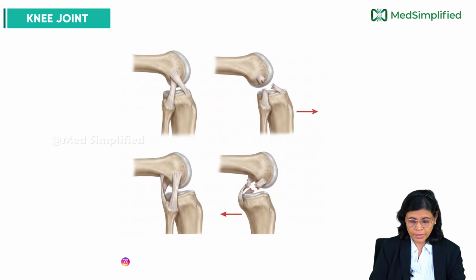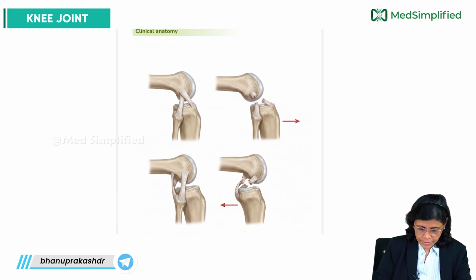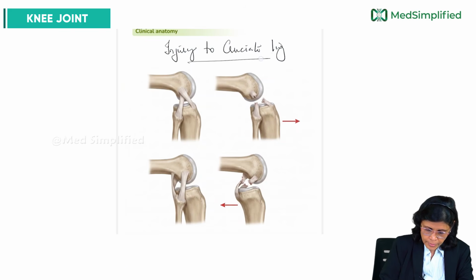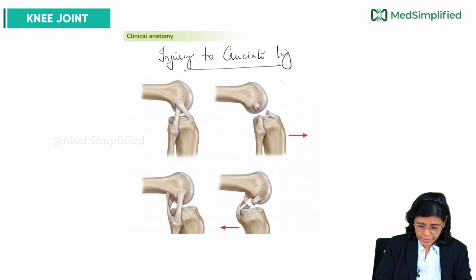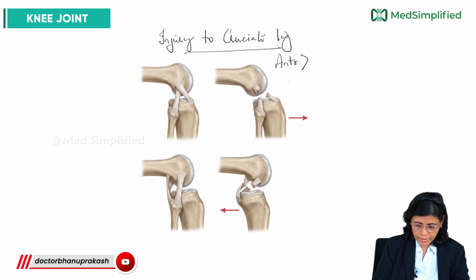So coming to the clinical anatomy, the injury to the cruciate ligament. The anterior cruciate ligament is more commonly injured compared to the posterior cruciate ligament.